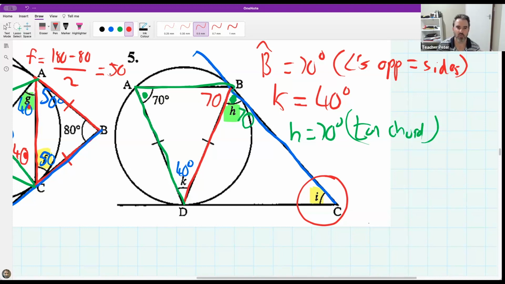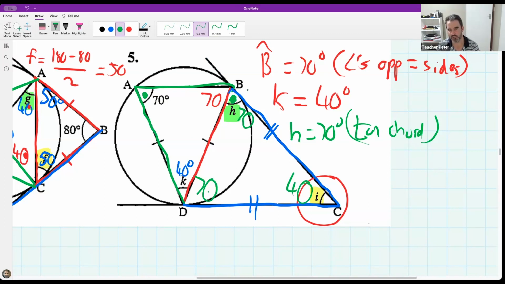So what we know is that tangents from a common point are equal in length. So this side here is equal in length to that one. So if that's the case, then this must be 70. And if that's 70 and that's 70, then this must be 40.